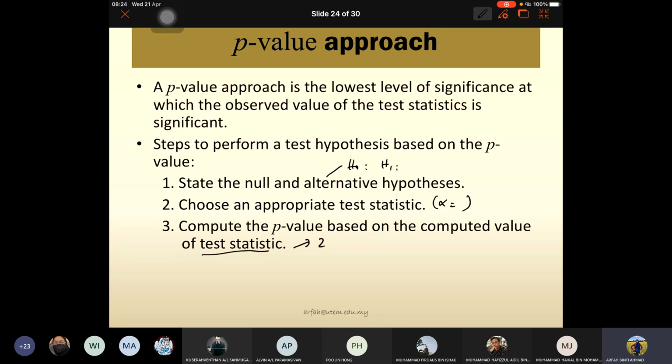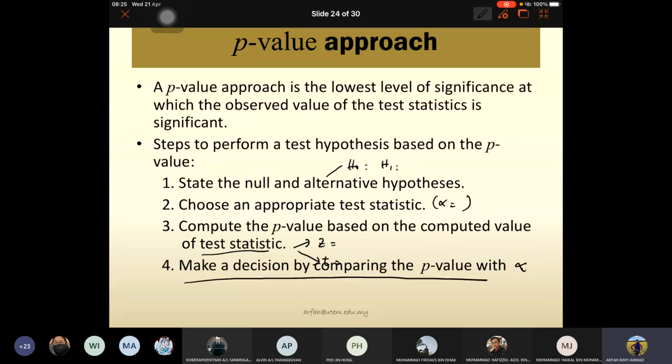So test statistic awak, kita ada case 1, case 2, case 3, dia akan follow Z and then case 4 dia akan ikut T distribution. So daripada sini, make a decision by comparing the P value with alpha. Okay. So step yang keempat ni yang berbeza. Sebab decision kita based on nilai P value that you get and also we will compare with the level of significant alpha. Then we will draw an appropriate conclusion, the last step.